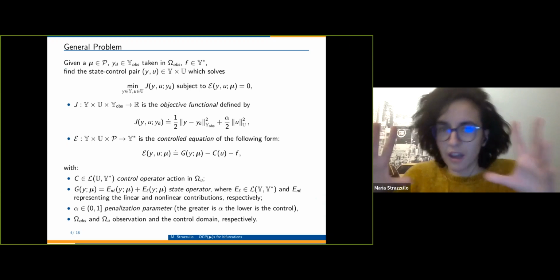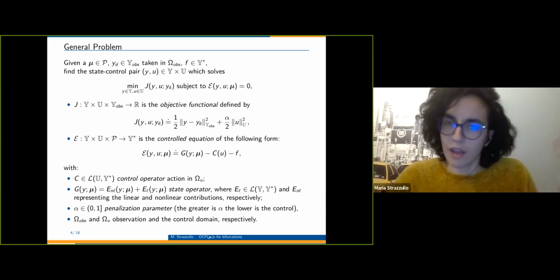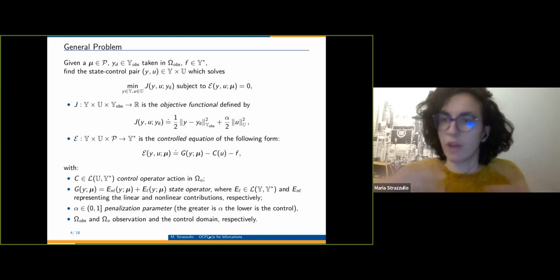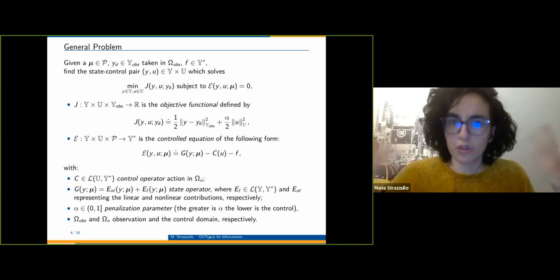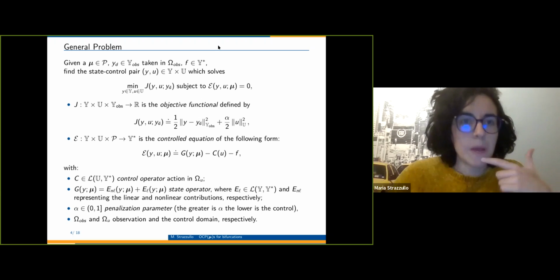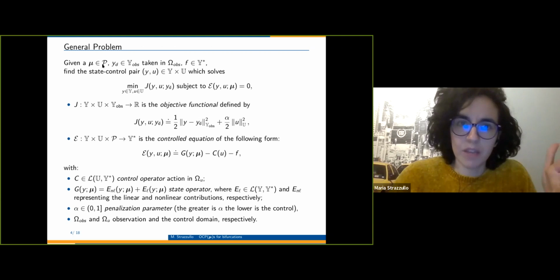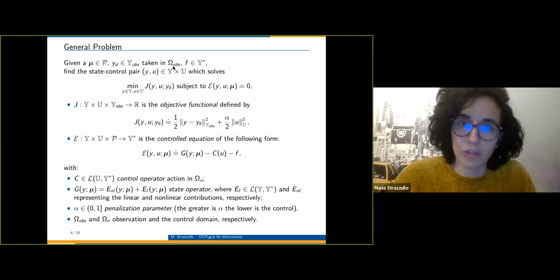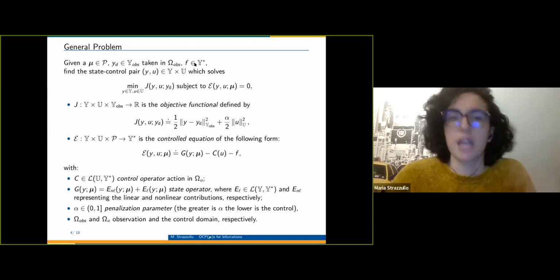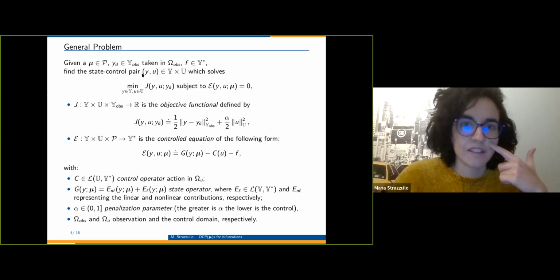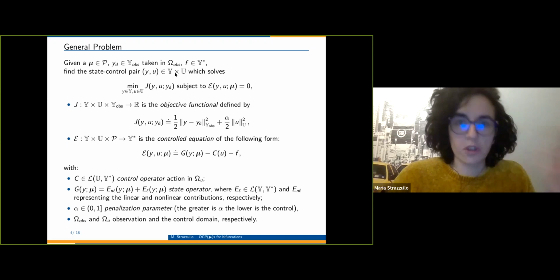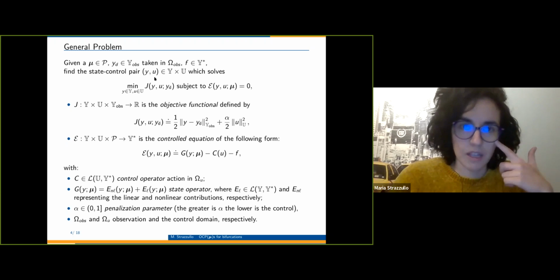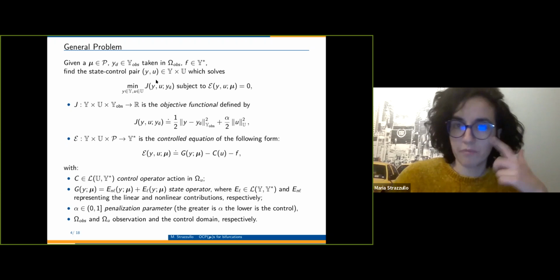Now, this is a tough slide if you have never seen optimal control, so I will read it with you. Given a parameter in a parametric space, a data taken in a subset of my domain, which I call omega obs, and a forcing term, I want to find a state Y and a control U in some suitable Hilbert spaces that minimize a functional subject to a nonlinear PDE.